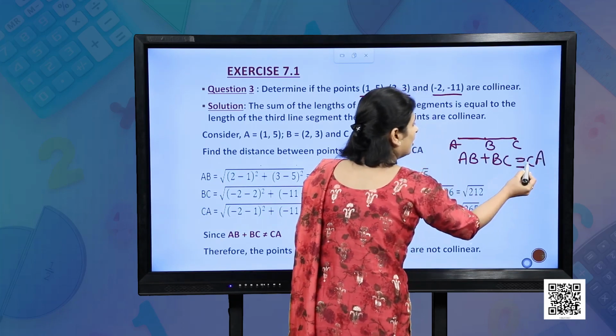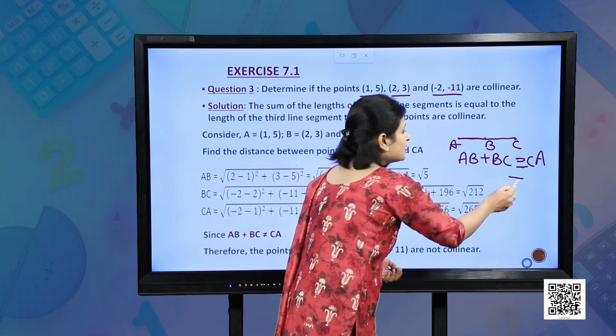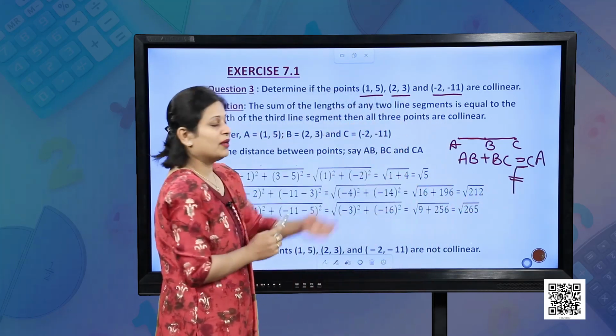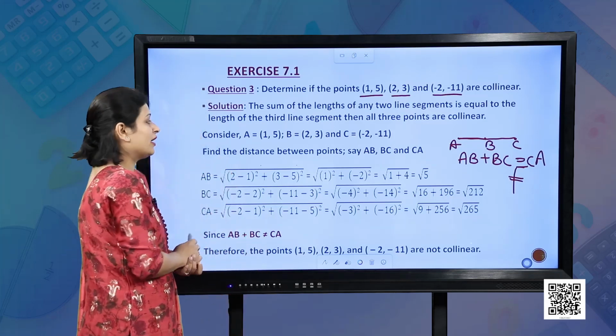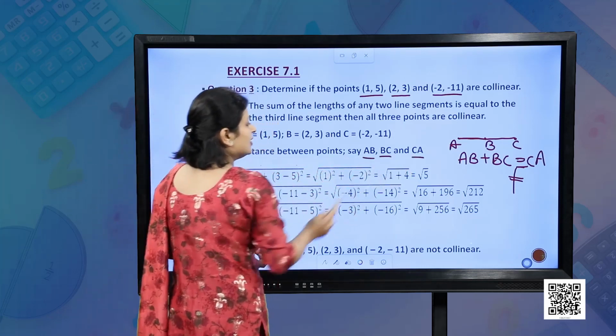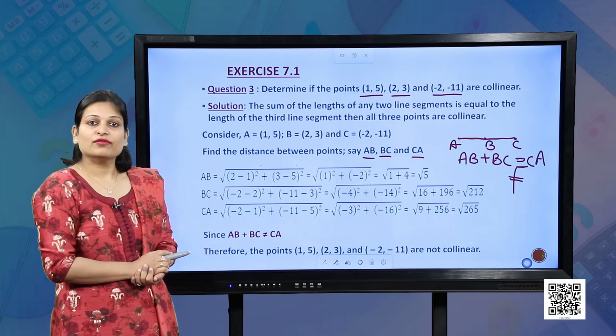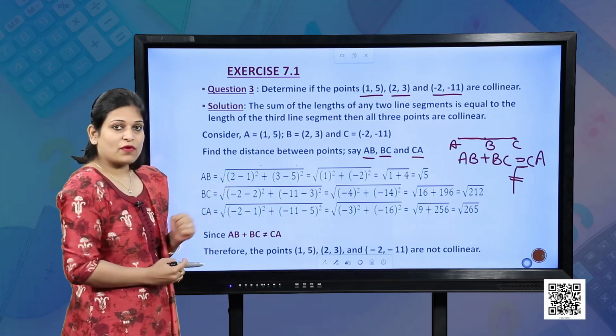If this is equal, then these 3 points are collinear, and if this is not equal, then these 3 points are not collinear. For this we need to find the distance between points AB, BC and CA by using the distance formula.